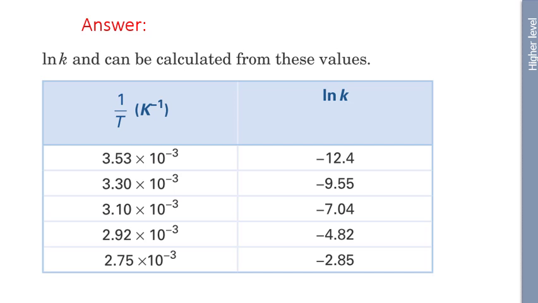Right, so the first thing you have to do is create a second table of the reciprocal temperature, of course in Kelvin, and natural log of k. So you should have got these particular values.